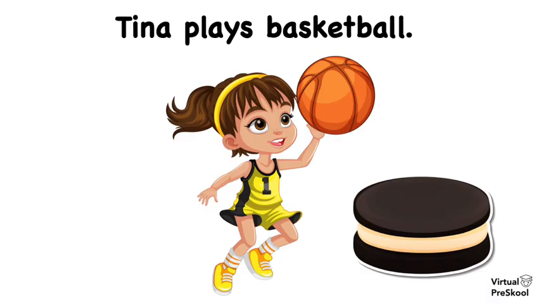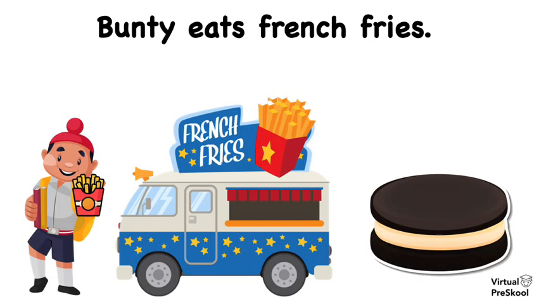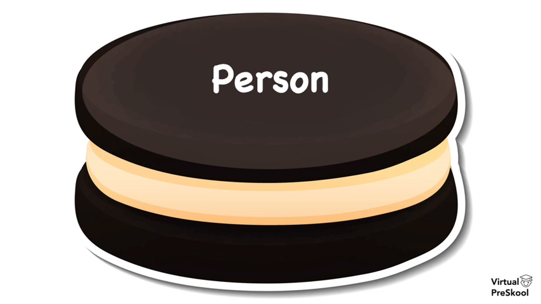Mom. Tina plays basketball. So what's the top cookie? Tina. The baby crawls. And the top cookie would be baby. Bunty eats French fries. The top cookie is Bunty.